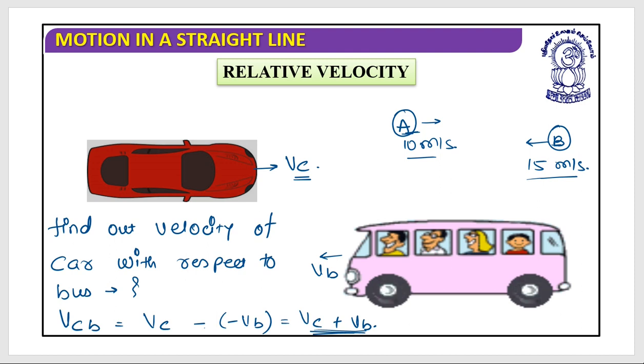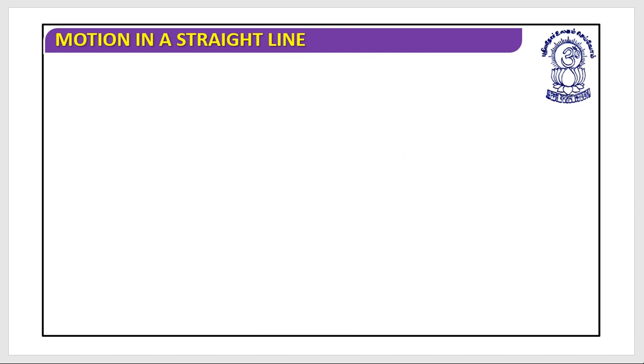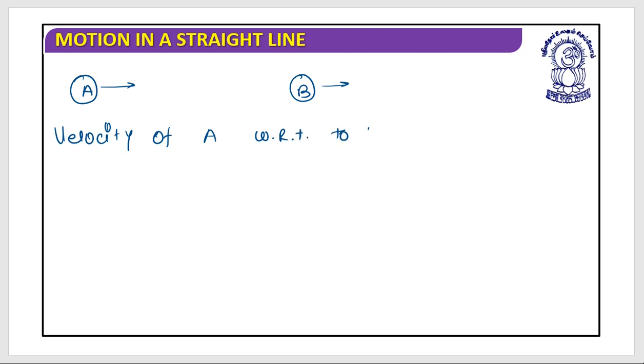So let's summarize this very quickly. Let's say this is object A moving in this direction, and this is object B moving in this direction. First, if I require the velocity of A with respect to B, that means I am interested in VAB.